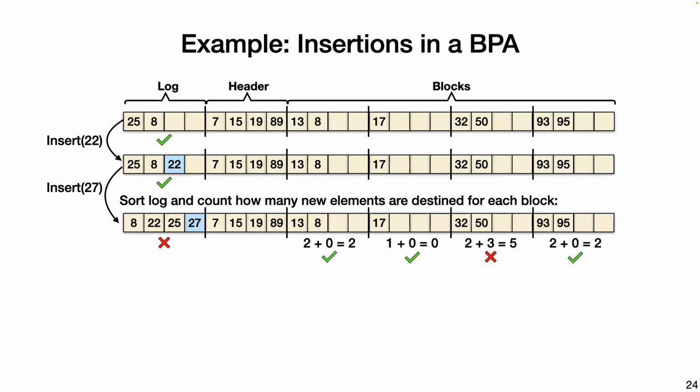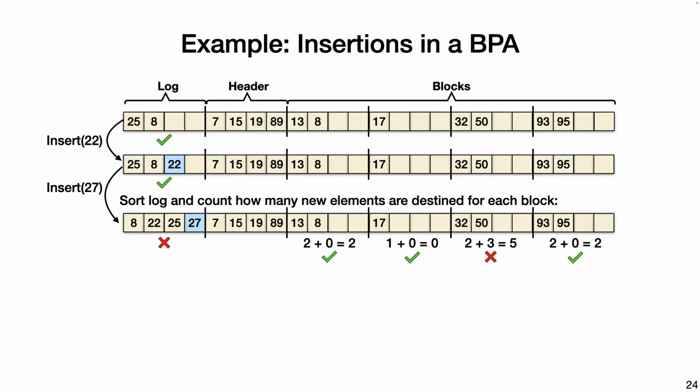So here, 8 is a repetition. There are already 2 elements, and there are 0 new elements going to it because 8 is already there, and it just needs to get overwritten. There's nothing going into this second one because there's nothing between 15 and 19 in this buffer. 3 elements are going into this third segment, and that's too many, but 0 elements are going to this segment.